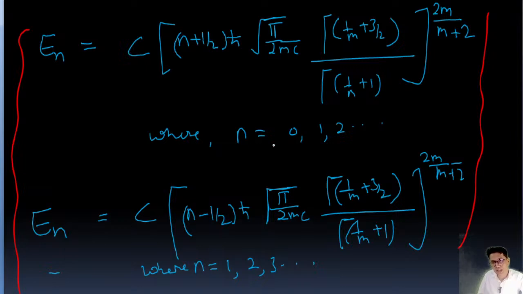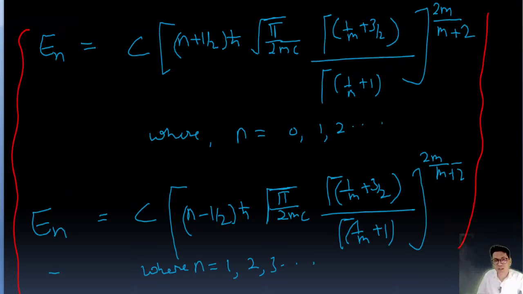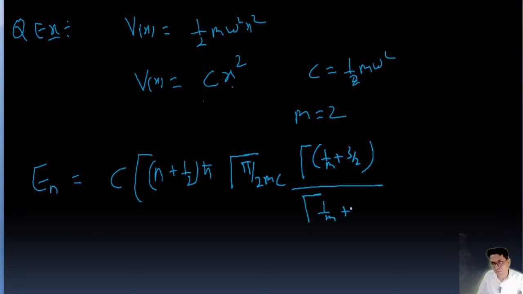So when n starts with 0, 1, 2, this trick uses c (n plus half) h cut root pi upon 2mc, gamma of (1 upon m plus 3 by 2) upon gamma of (1 upon m plus 1), whole to the power 2m upon m plus 2.